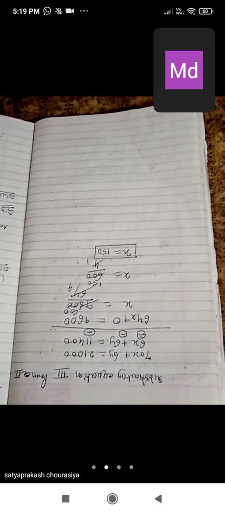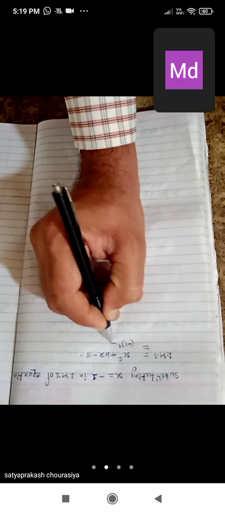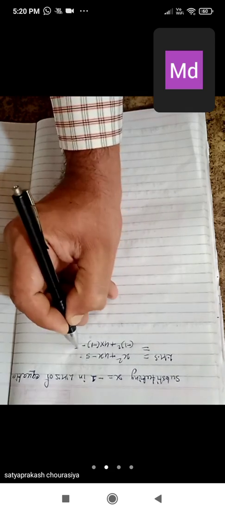So now left hand side is equals to x square. क्या left hand side? x square plus 4x minus 5. Now at place of the x write down the minus 1. So minus 1 square plus 4 into minus 1 minus 5.